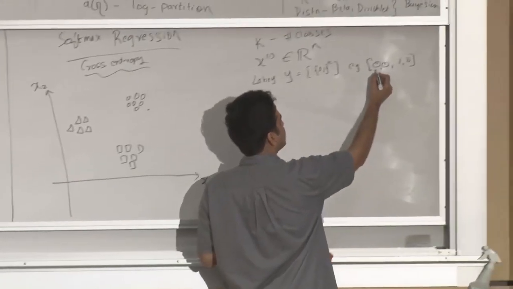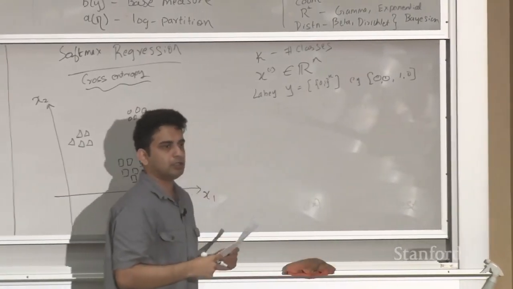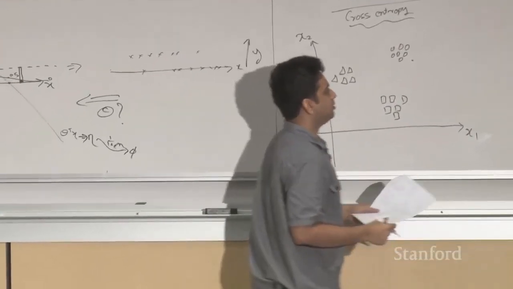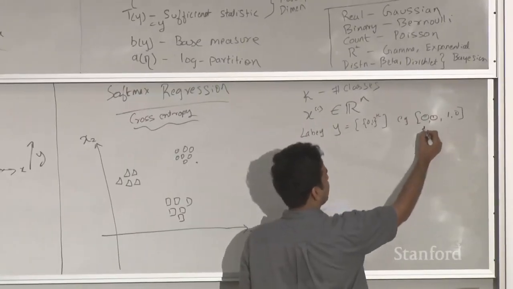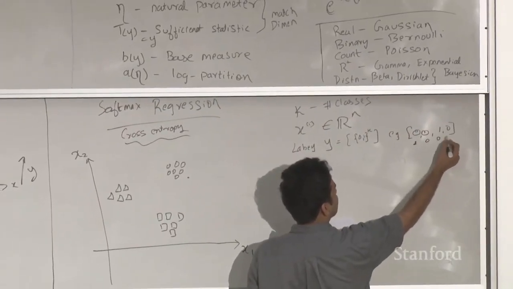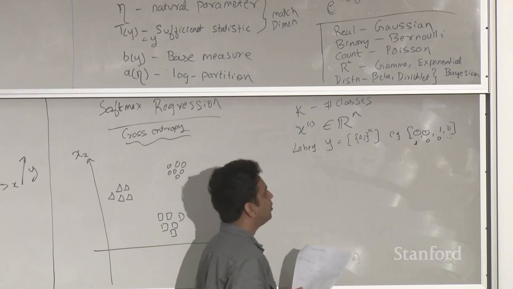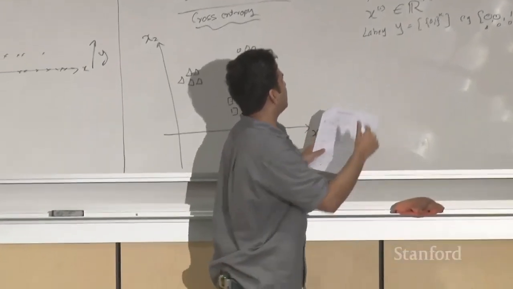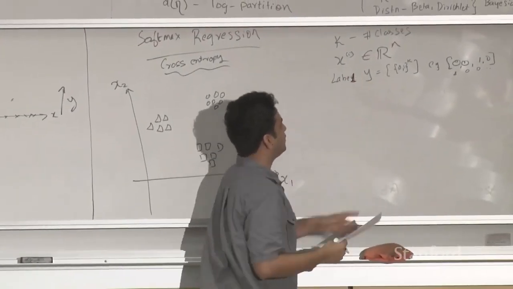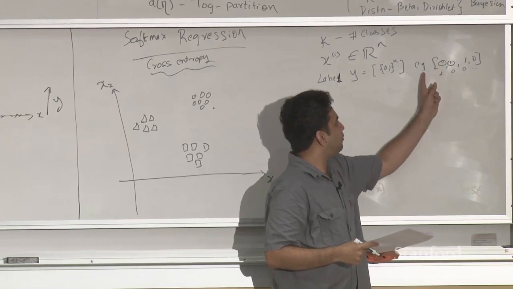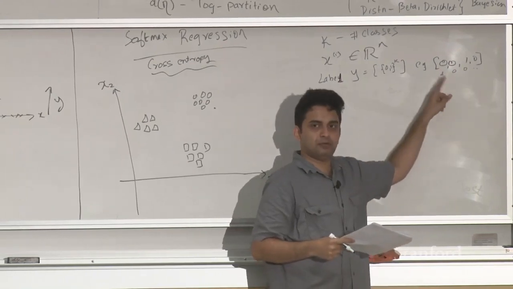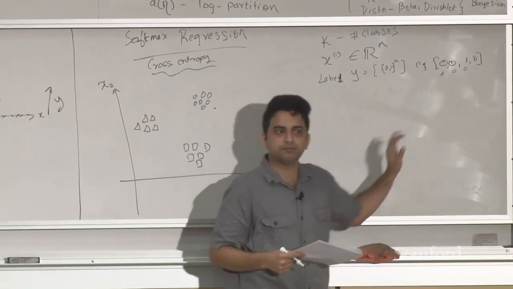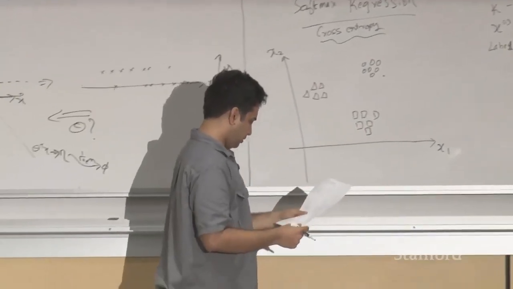Each element in the vector corresponds to one of the classes. So this may correspond to the triangle class, circle class, square class, or maybe something else. The labels are in this one hot vector, where we have a vector that's filled with zeros except with a 1 in one of the places.